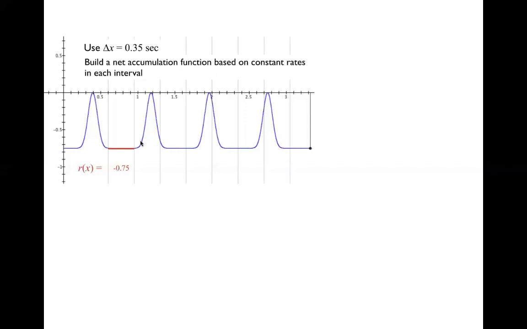It starts here, goes back up to 0, and back down. So something in the middle. I called it negative 0.4. That negative 0.4 is the best we can do with one rate of change to mimic this changing rate in that interval. Does that make sense?